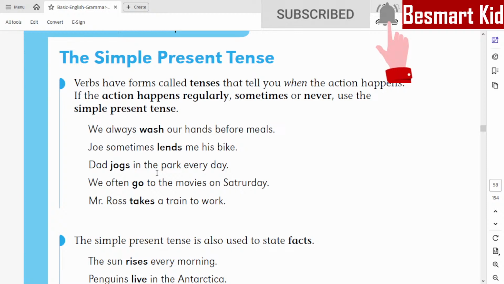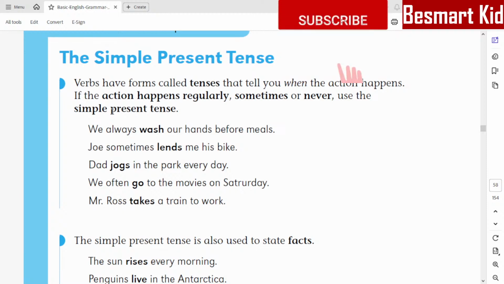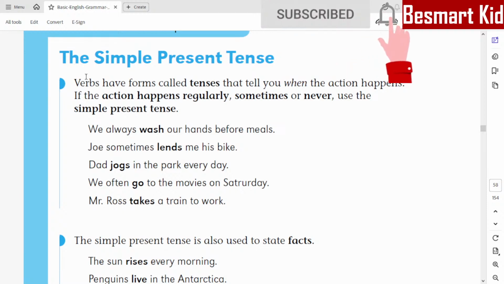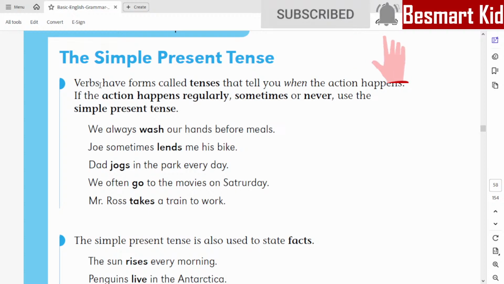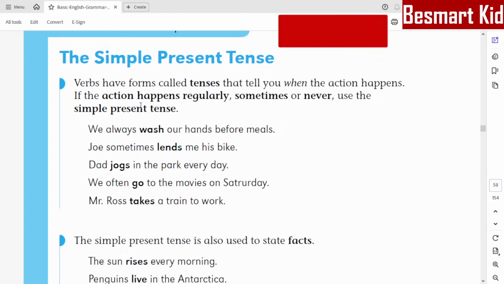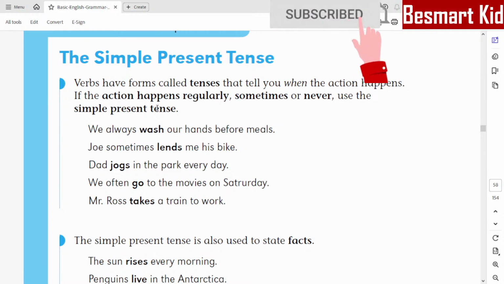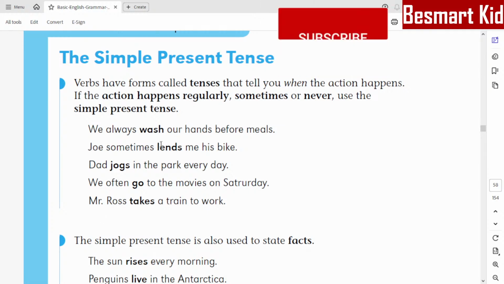Now we have the simple present tense. Verbs form tenses that tell you when the action happens. If the action happens regularly, sometimes or never, use the simple present tense.